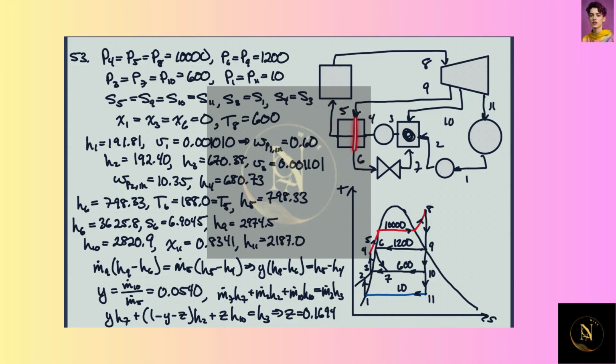Okay, so we're assuming again that we have an ideal heat exchanger. So what's coming out here is also the same temperature as what's coming in here. So we've got a good heat exchange in there. Then we can get the enthalpy at 5 because we now know the pressure and the temperature at 5.